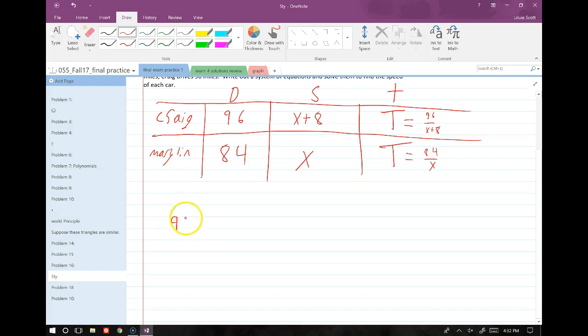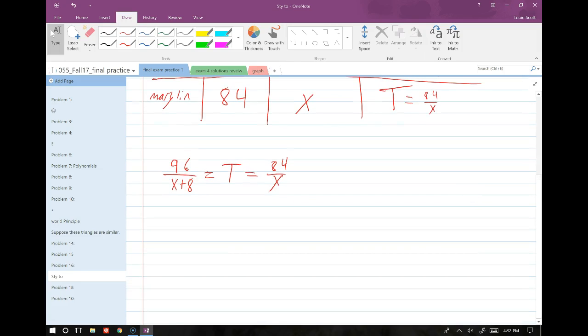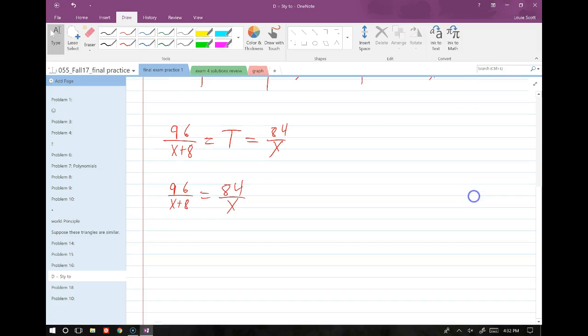So let's write that all out. We have 96 over x plus 8 equals big T. Big T also equals 84 over x. Now on the next line, since they both equal big T, that can just go away and we can have them equaling each other. So now we have 96 over x plus 8 equals 84 over plain old x.